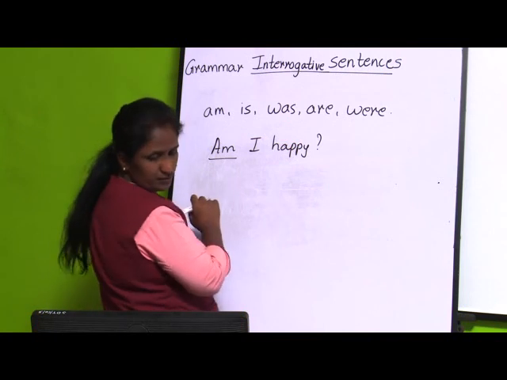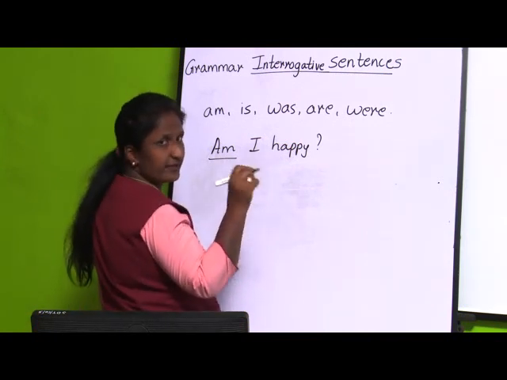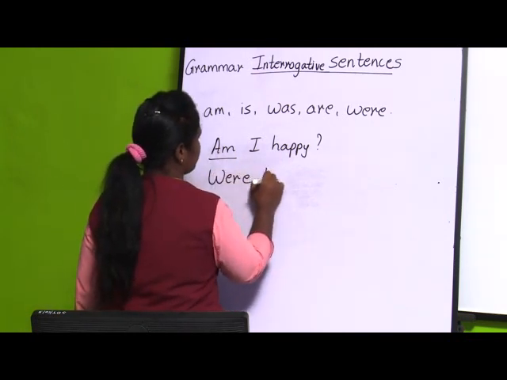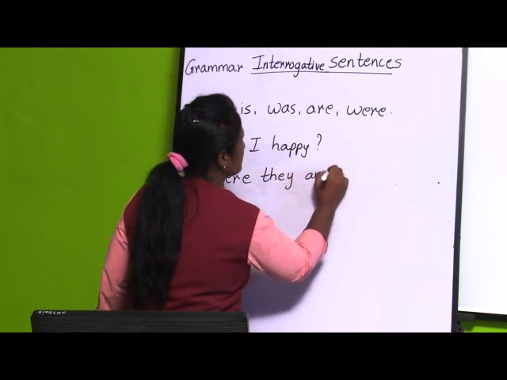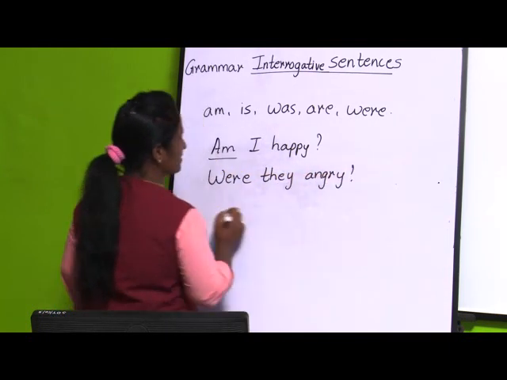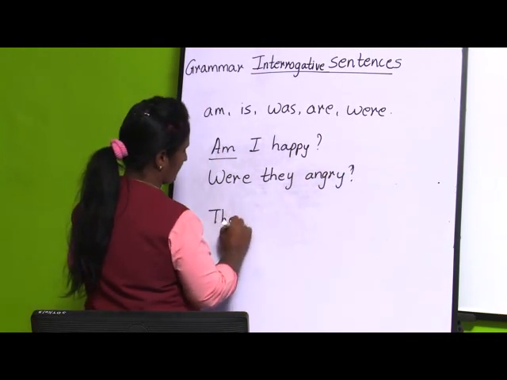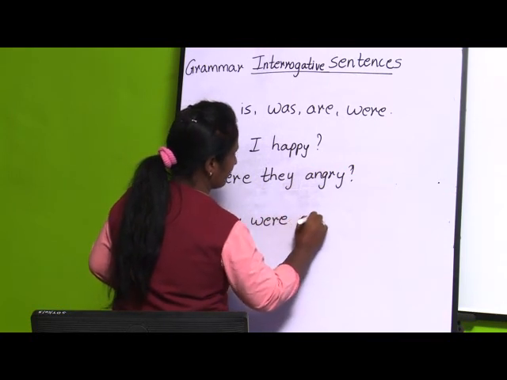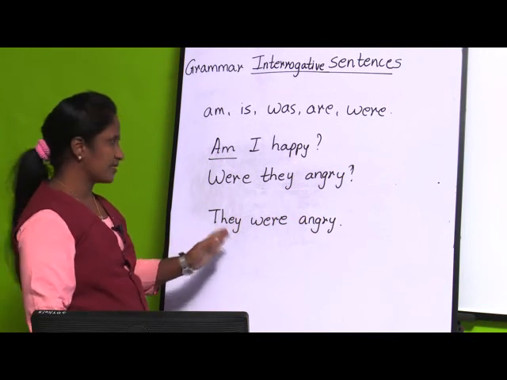Then if you take the other example, "They were angry." "Were they angry?" See children, a very easy thing is this. Suppose they have given the sentence "They were angry." This is a positive, assertive sentence.